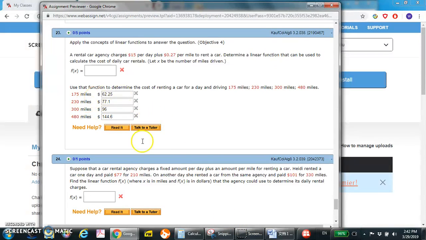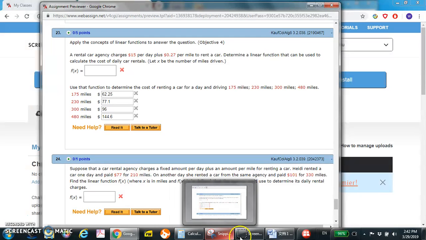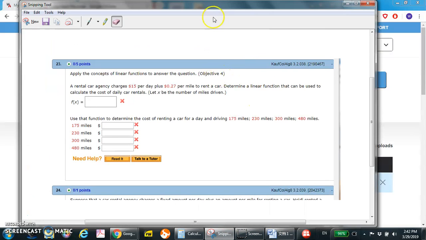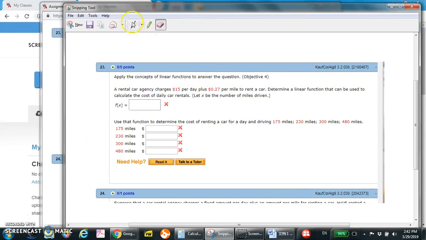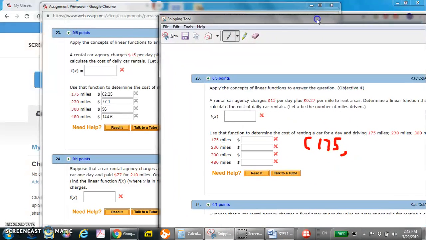Okay, so once we found these numbers, each two numbers correspond to an ordered pair. So 175 corresponds to 62.25.